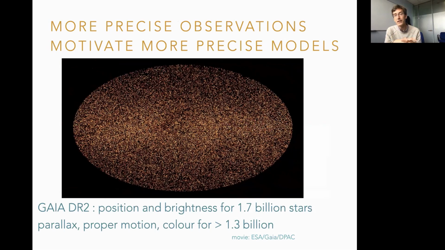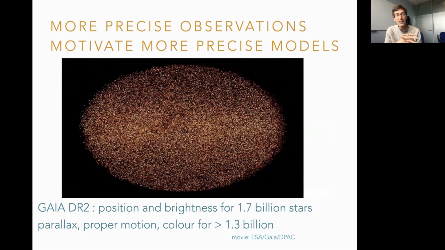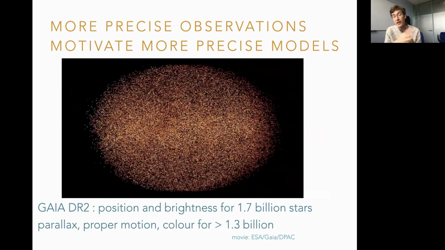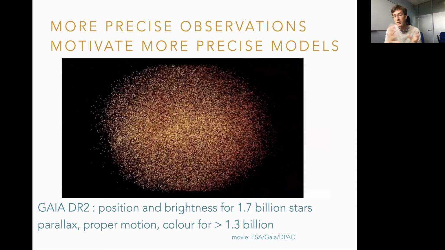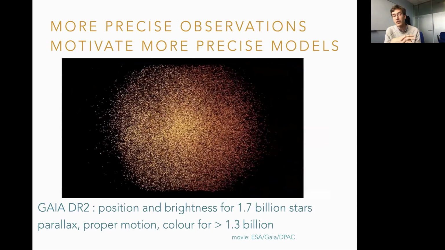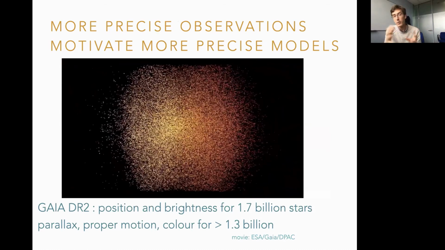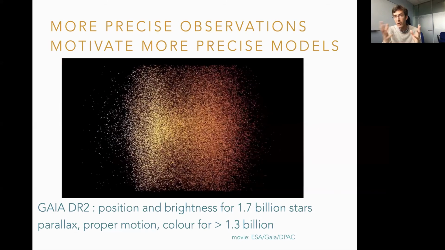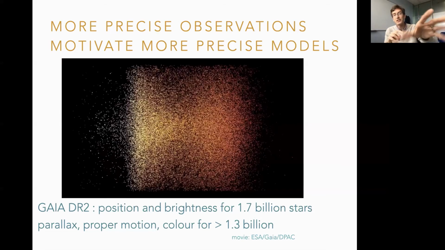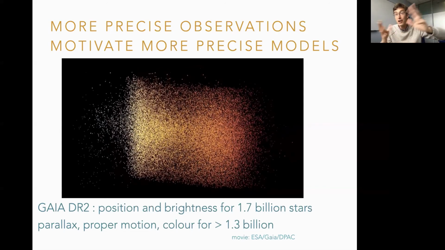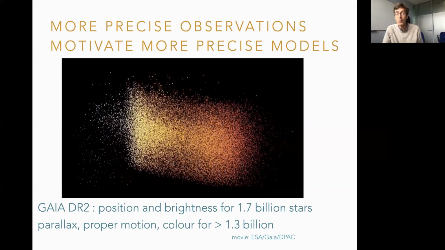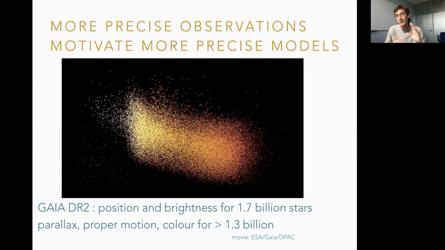This neat little movie is from the Gaia collaboration. Gaia Data Release 2 released position and brightness for over 1 billion stars, and lots of other information: parallax, proper motion, and color, again for over 1 billion. This visualization is just how you might create something like an HR diagram by slicing that data and compressing it.